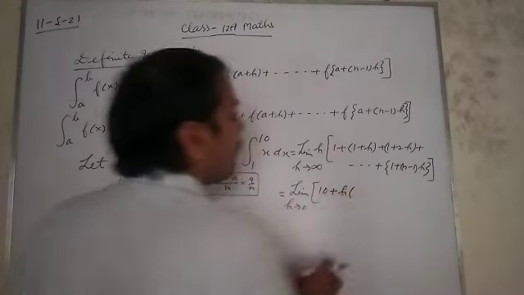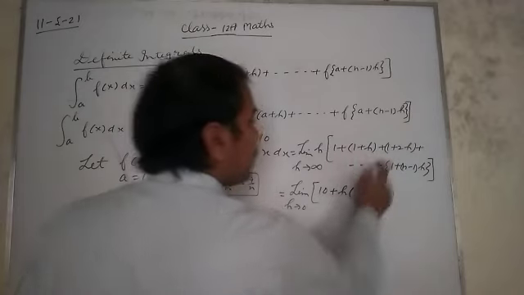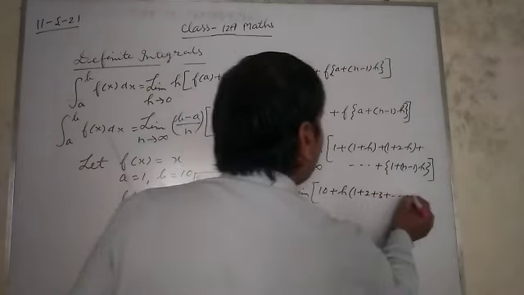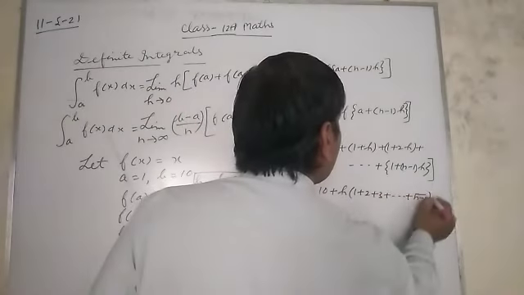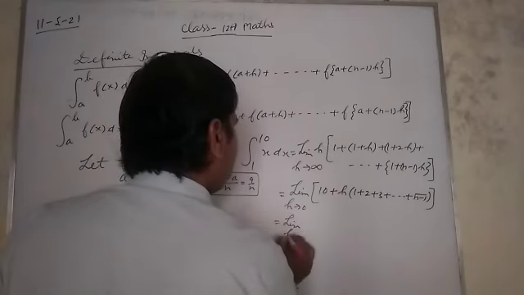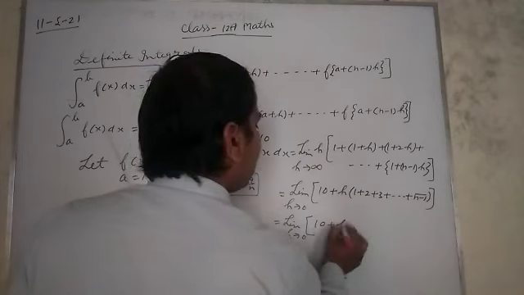And h, 2h, dot dot dot, here h is not there, so 9 times; h take common, so 1 plus 2 plus 3 plus dot dot n minus 1. So limit h tends to 0, 10 plus h.